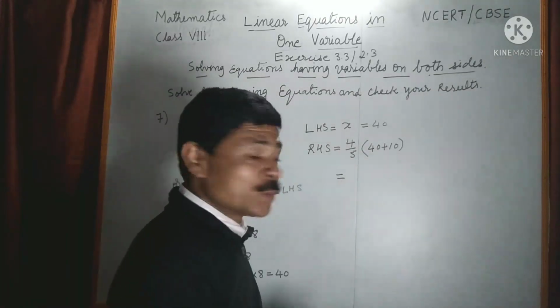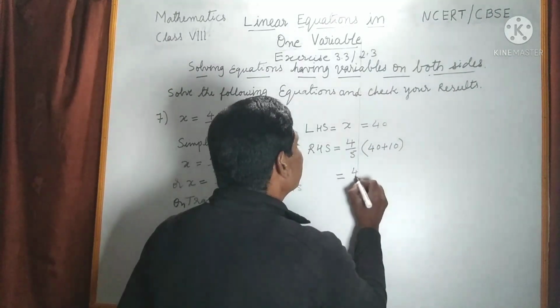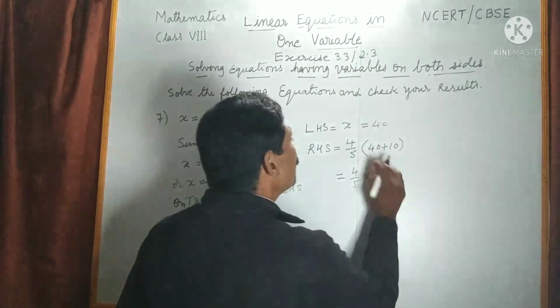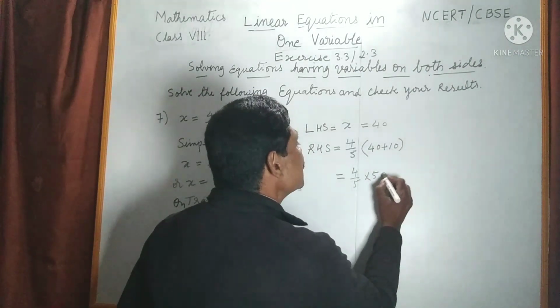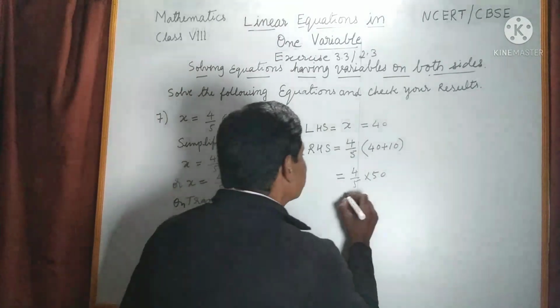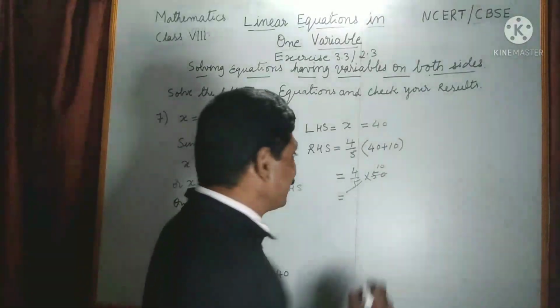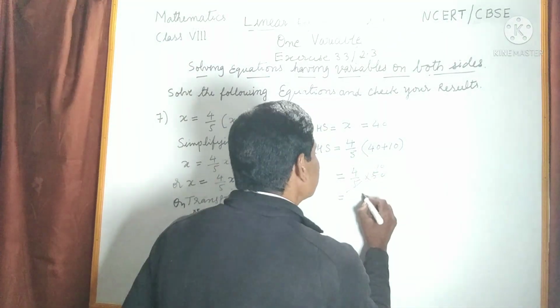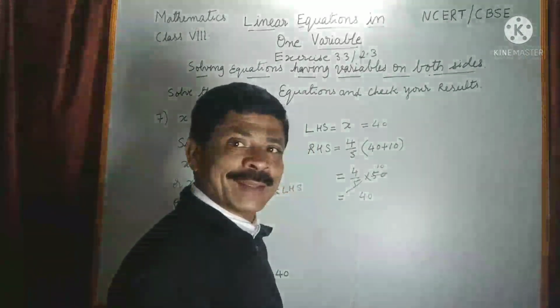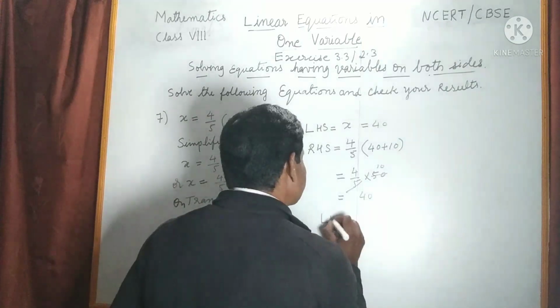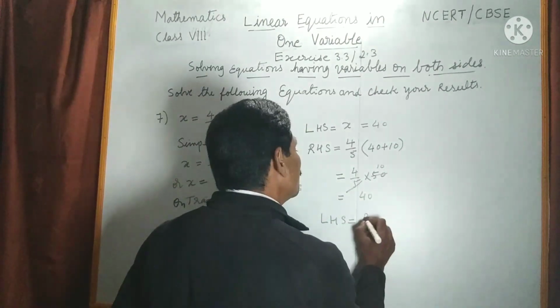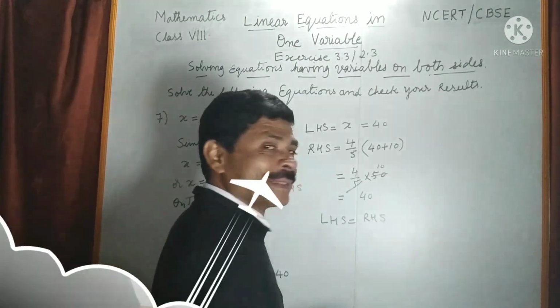This is equal to 4 by 5 into 40 plus 10 is 50. This is equal to 5 10s are 50, is nothing but 10 into 4 is 40. Therefore, LHS is equal to RHS.